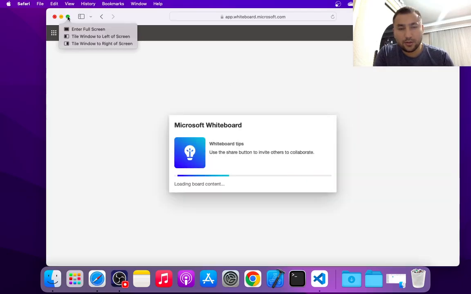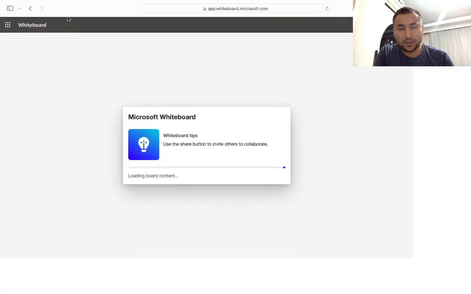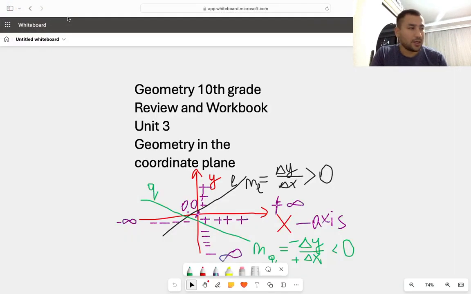And also I need to make it full screen so that I can clearly do my, basically it's Geometry 10th grade review and workbook, and it's unit 3 or chapter 3 part 2. In my previous video I just explained geometry in the coordinate plane.